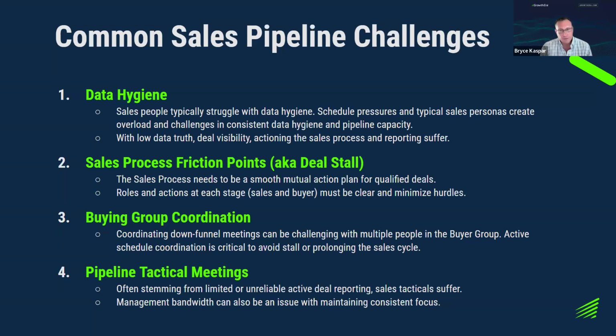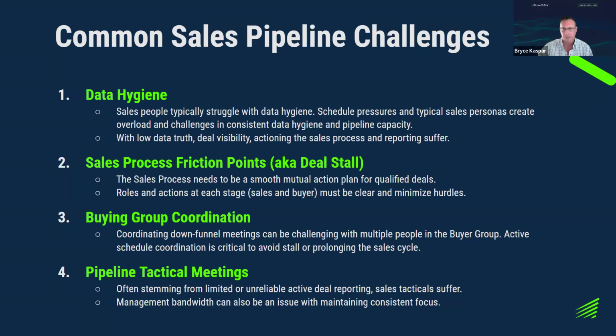The third piece is coordinating that buyer group. So everybody's business is going to be different. We work with all kinds of industries, but one of our biggest growth areas is manufacturing, industrial, logistics, supply chain, those type of businesses. And a lot of times you have multiple people in the buying group there.